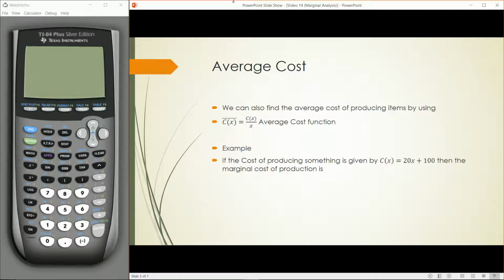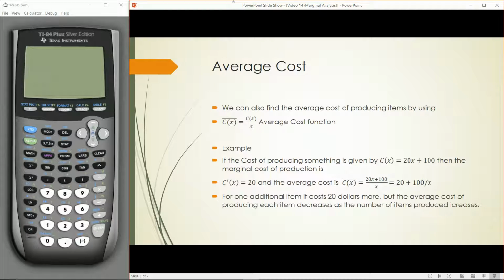So quick example, if the cost of producing something is 20x plus 100, then the marginal cost, c prime of x, is just 20, and the average cost would be 20x plus 100 divided by x, which you can split up, so it becomes 20 plus 100 divided by x.